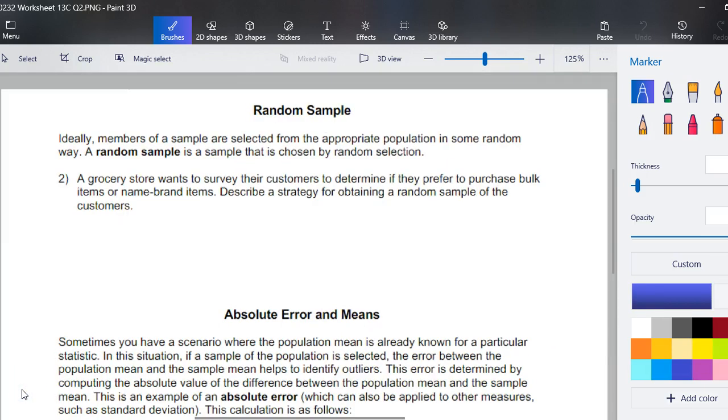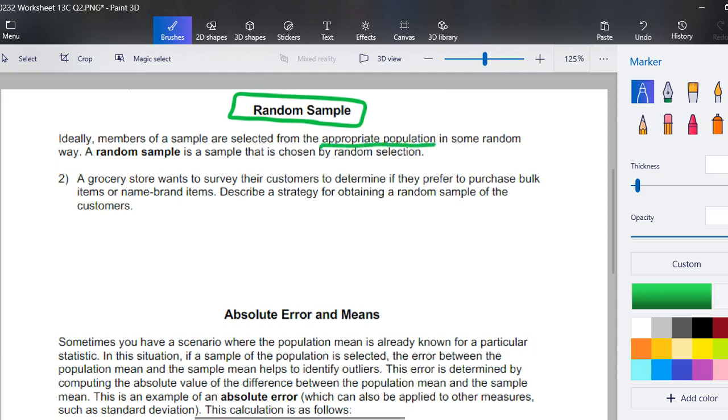So break out those flashcards or sticky notes or something. We've got some more words to make a huge note about. So it did mention just a while ago in the representative sample that we would select the adults randomly. So ideally, members of a sample are selected from the appropriate population.